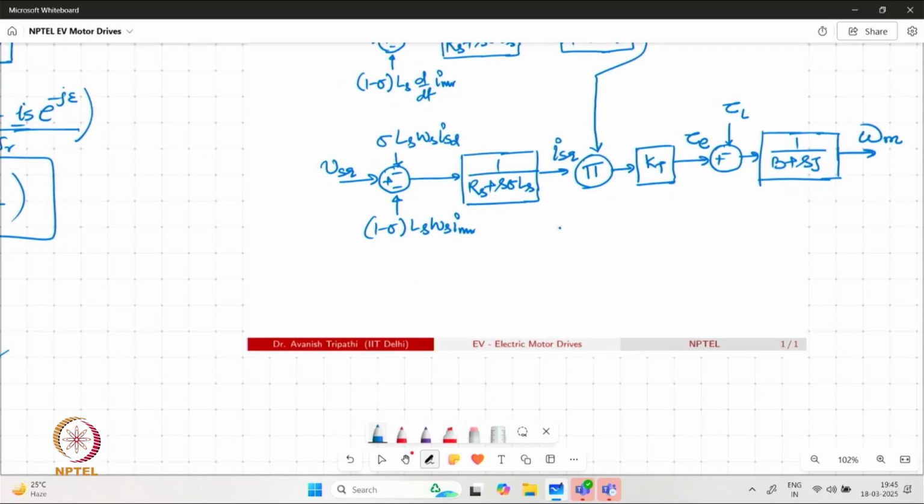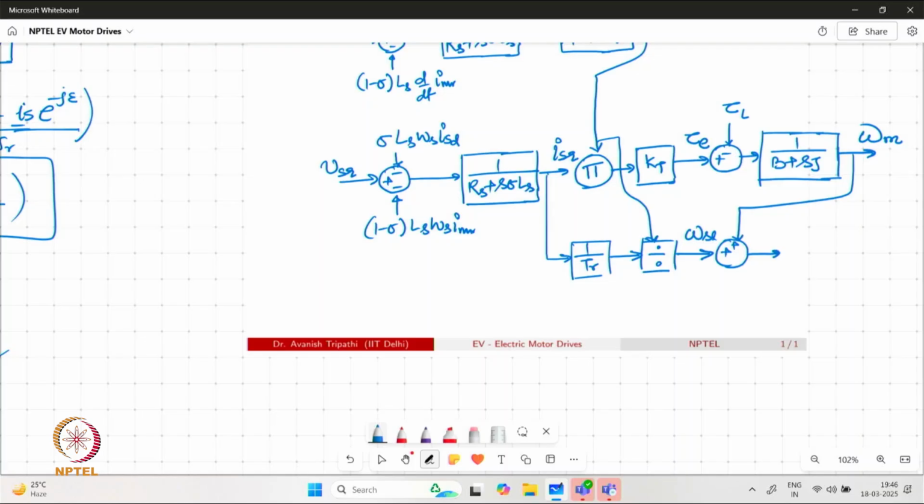So we have ISQ divided by TR, and once again divided by IMR to generate omega slip, and here we are adding the mechanical speed to realize our synchronous speed.